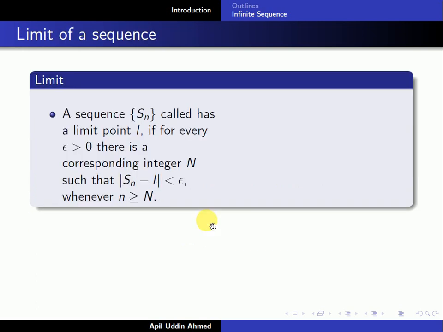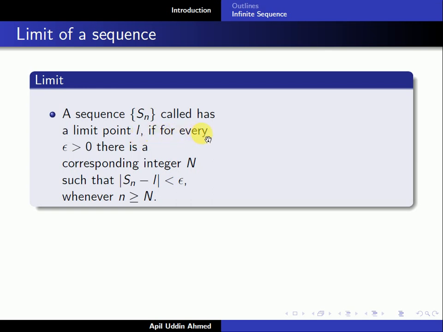Now we will discuss the limit of a sequence. Suppose the sequence Sn has a limit point, suppose L. Here we consider the sequence Sn and consider L a fixed real number.